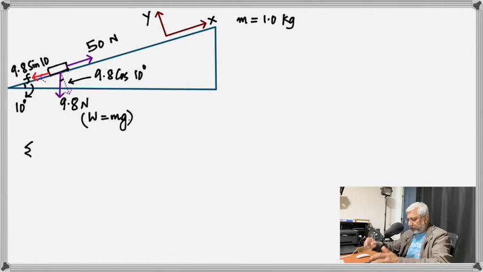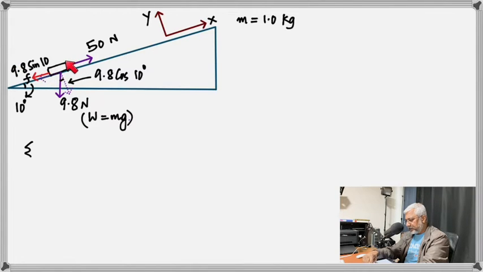Now what we got to do is find the net force along the x-axis. How many forces do we have along the x-axis? I think we got 3 forces. We got the 50 newtons. We have 9.8 sine 10. And we have friction.